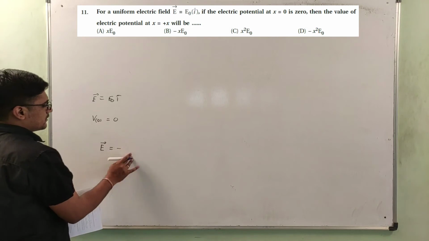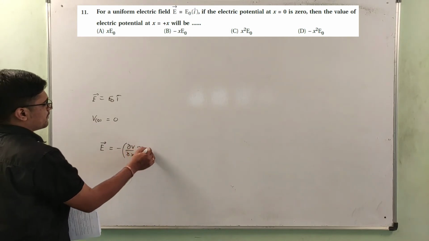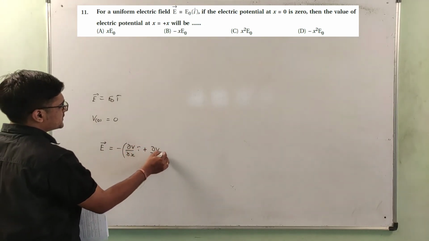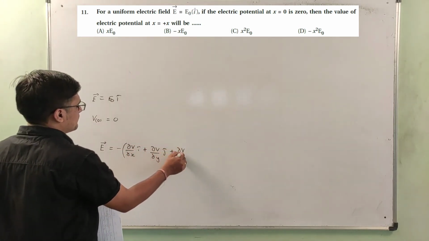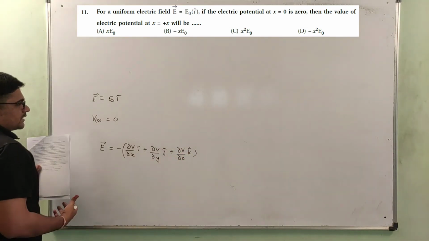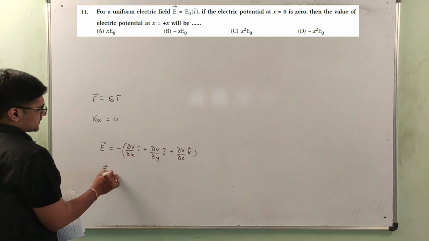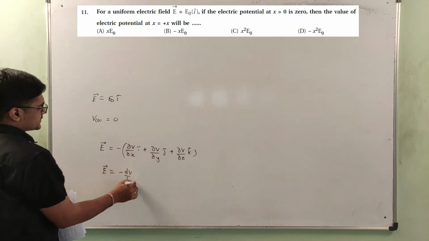You can write the whole relation like this: E equals minus (del V by del x i cap plus del V by del y j cap plus del V by del z k cap). Whenever the electric field is only in the x direction, use this relation: minus dV by dx i cap.